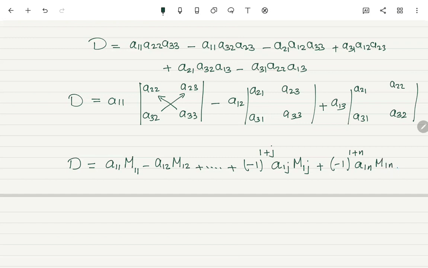And this is a generalization for the value of a determinant of order n.